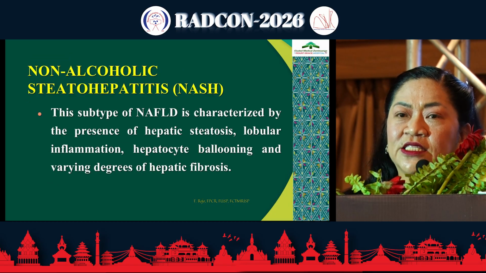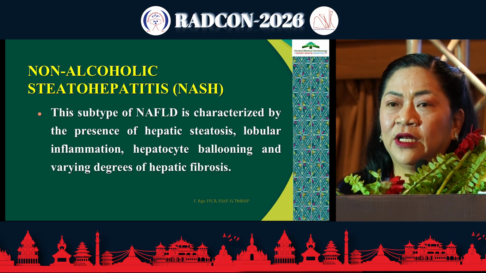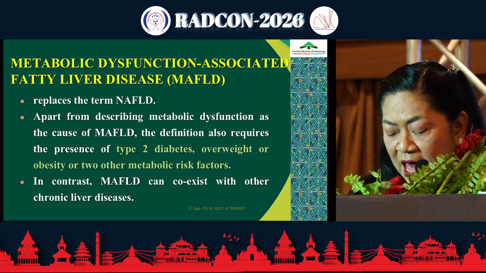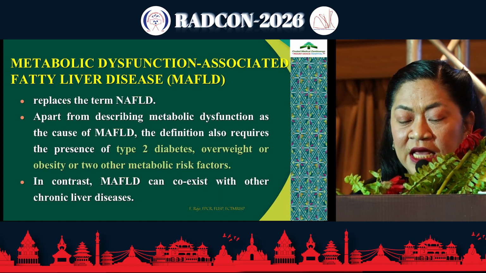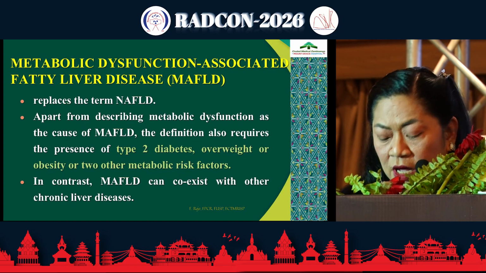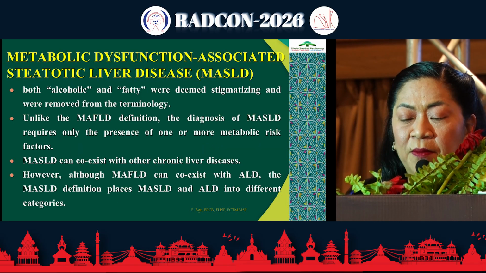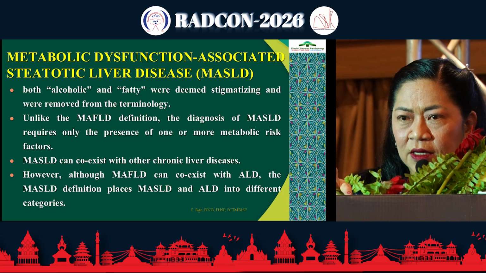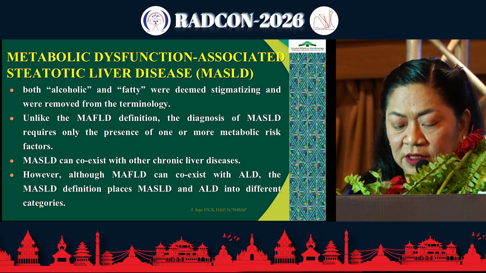Okay, the non-alcoholic steatohepatitis was NASH, which meant inflammation and leading to fibrosis. But now we call it metabolic dysfunction associated fatty liver disease, or MAFLD. If it's MAFLD, it can coexist with other diseases like alcoholic disease. But if we use the term MASLD, or metabolic dysfunction steatotic liver disease, we can divide it into the alcoholic-metabolic, which is MetALD, and the fatty liver alone, which is the MASLD.